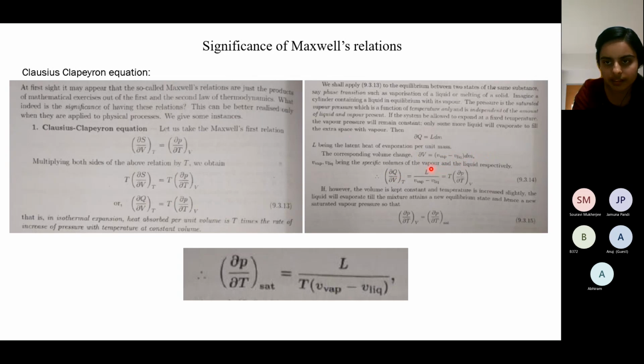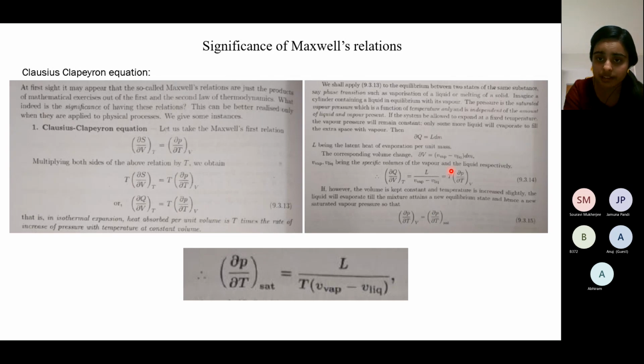If you replace it here, you find an expression which tells us that the slope of the pressure versus temperature graph can tell us how the volume changes during these kinds of phase transitions.